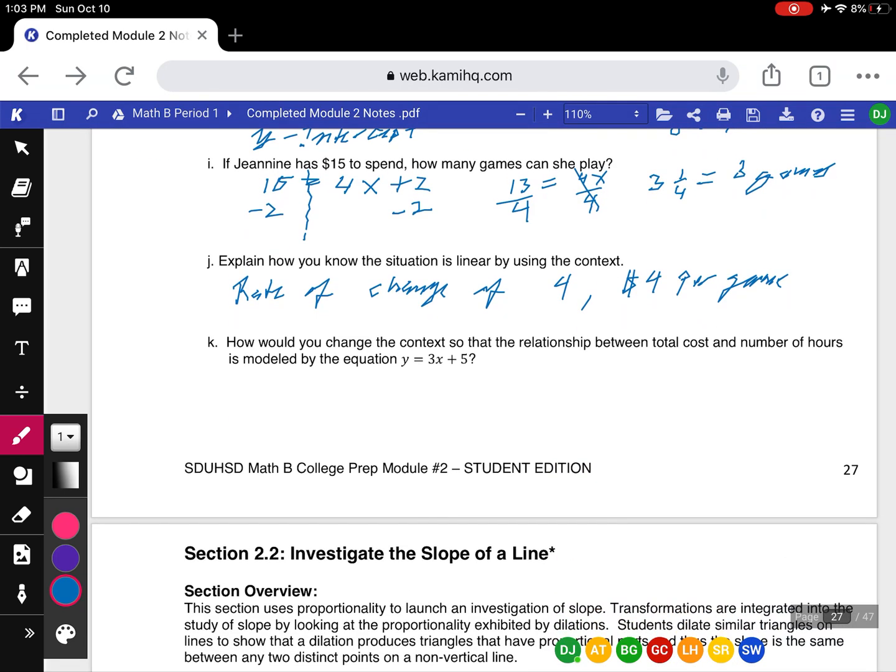Alright, how do we change the context so that the relationship between the total cost and the number of games is modeled this way? In here, I have a rate of change of 3, so that means it's $3 per game. And this plus 5 would represent that it costs $5 for shoe rentals.